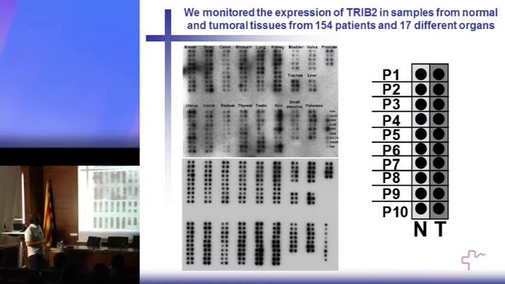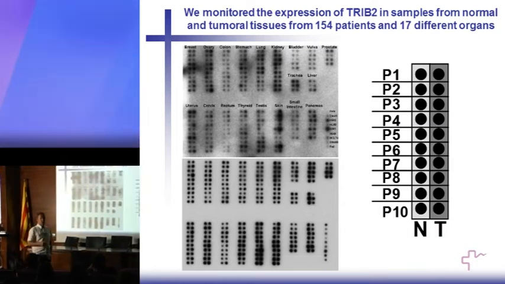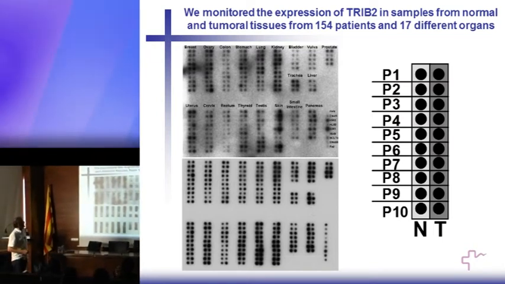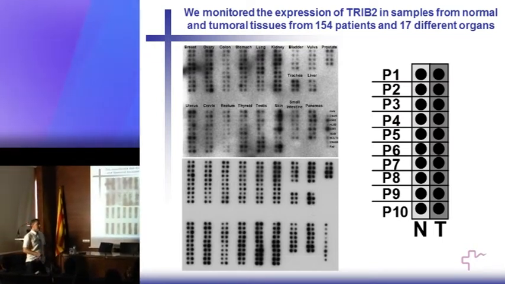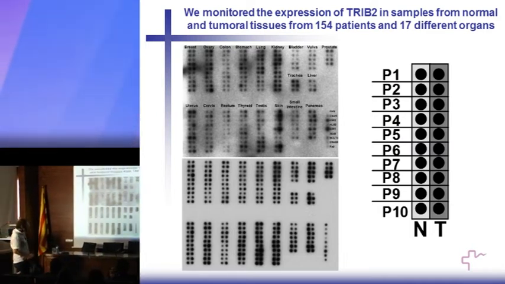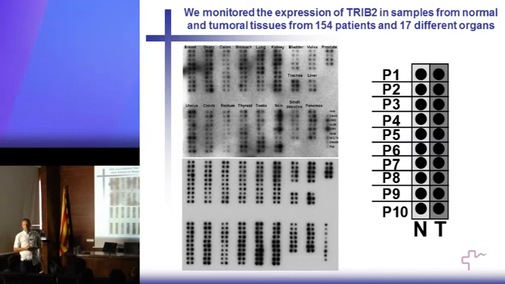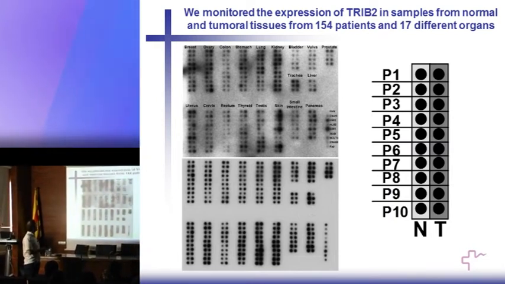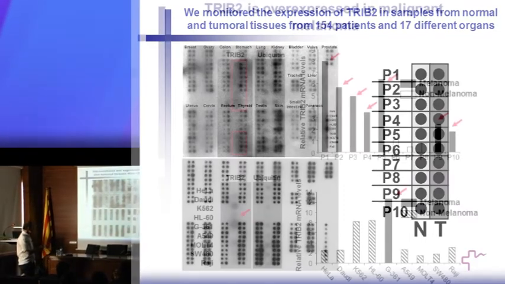So the normal tissue and the tumoral tissue from a patient were spotted side by side, and we hybridized this with a TRP2 specific probe.